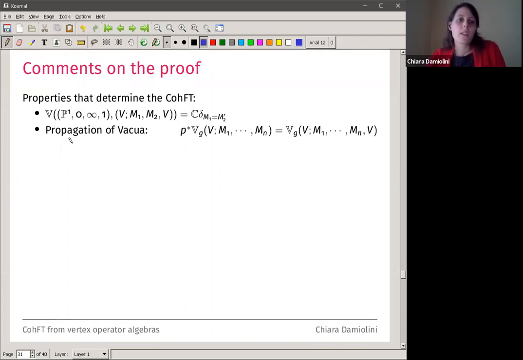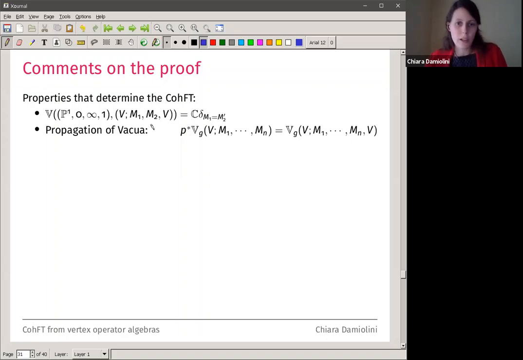The first one says, if I am on P1 and I have one insertion which is trivial, and the other two are modules, then these spaces are either one-dimensional when the modules are dual to each other, or zero-dimensional if this doesn't happen. And this follows from fusion rules. So here we use the description of the conformal blocks instead of coinvariants. We can go back and forth between studying conformal blocks and coinvariants.